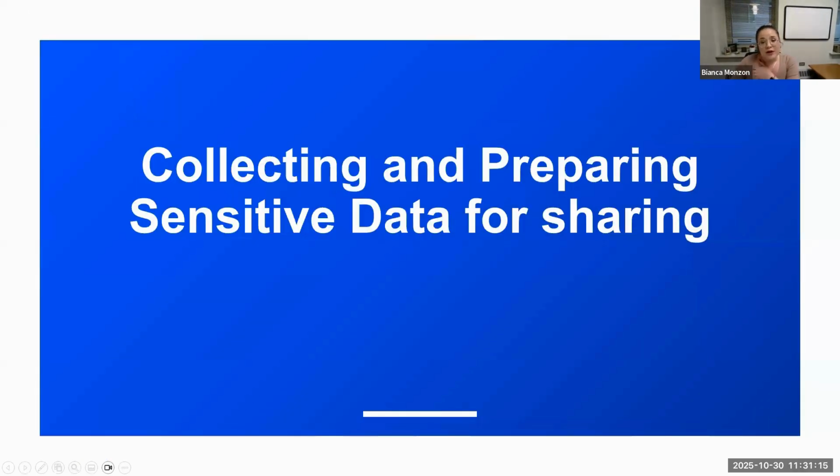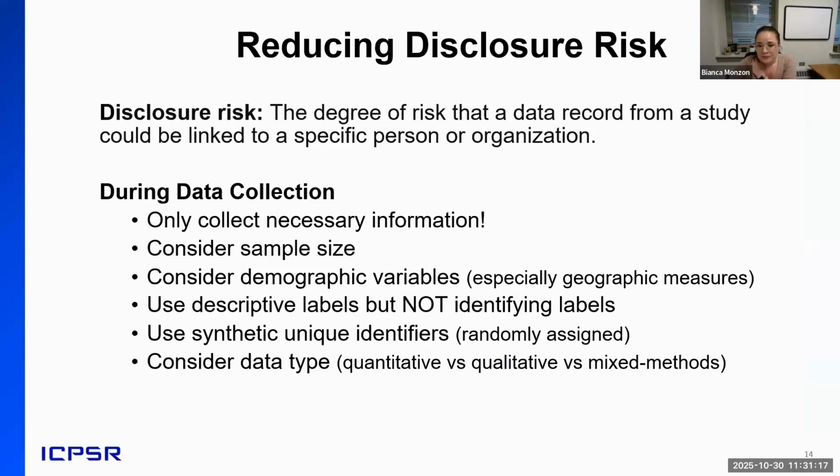Okay, when working with sensitive data, it's important to be knowledgeable about best data management practices. Restricted data management practices focus on mitigating disclosure risk, or the degree to which a data record can be linked to a specific person or organization.